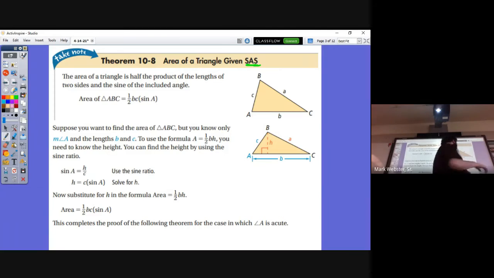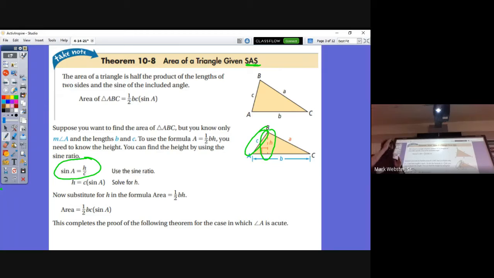So all we're going to do is say, how can we take this height and rewrite it in terms of that side? And if we use sine, we can do that, because the sine of this angle A is equal to the height divided by this side C over here.